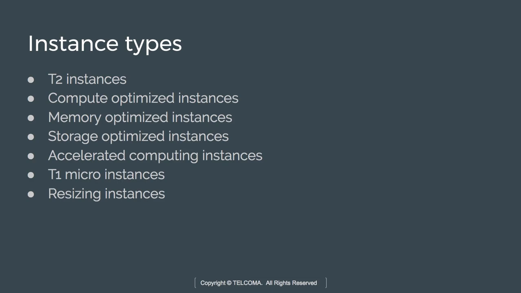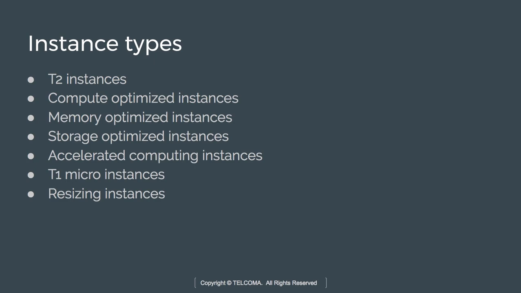Then we have storage optimized instances. These are designed for workloads that require high sequential read and write access to large datasets on local storage. If we require huge sequential read and write access to large datasets, we can use storage optimized instances.